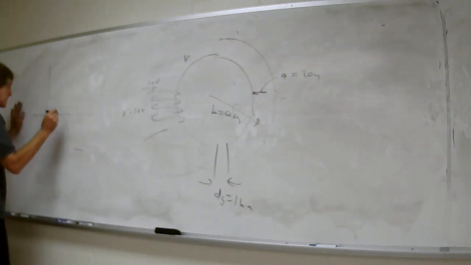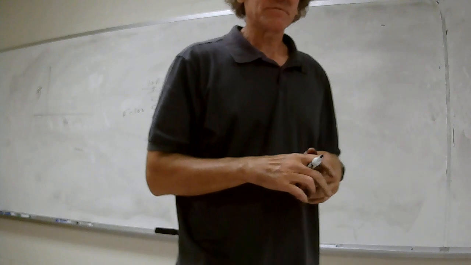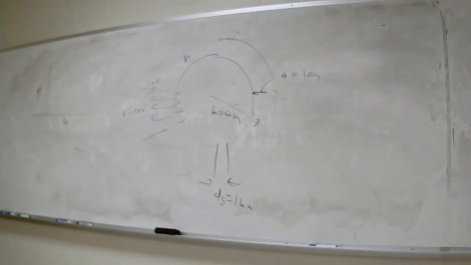This is H versus B. I have to estimate the slope of that line. What's the slope right here at the beginning?